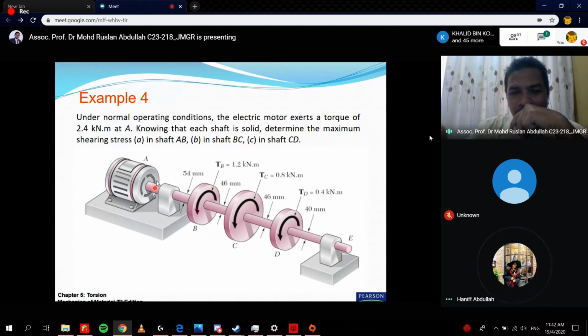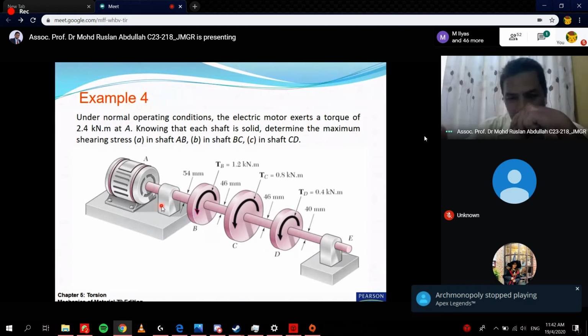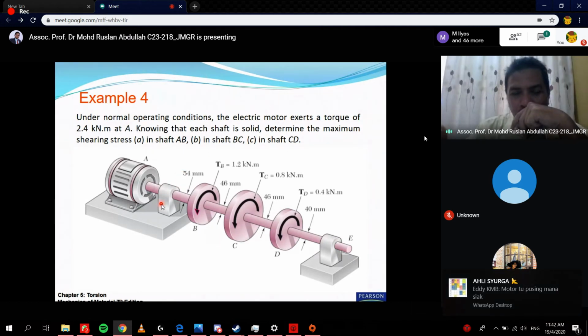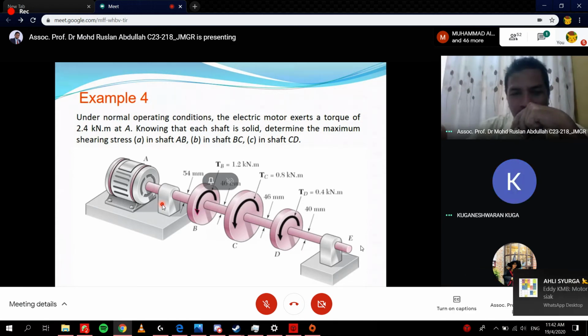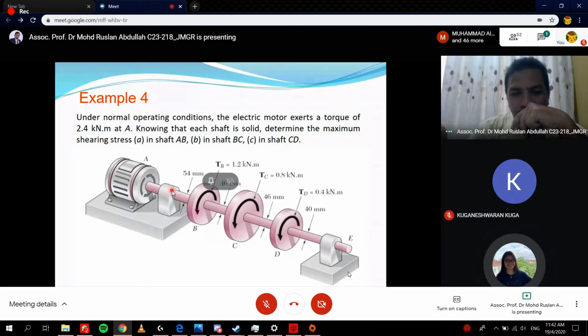Okay, between A and B, what is the torque? I just want to make sure you understand how to determine the net torque. Between A and B equals 2.4 kilonewton.